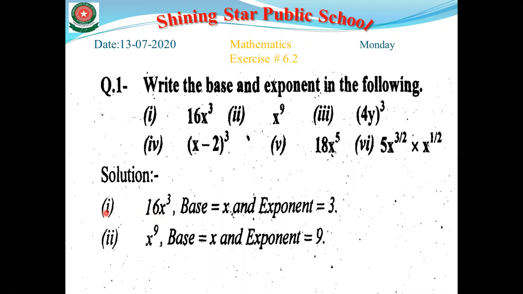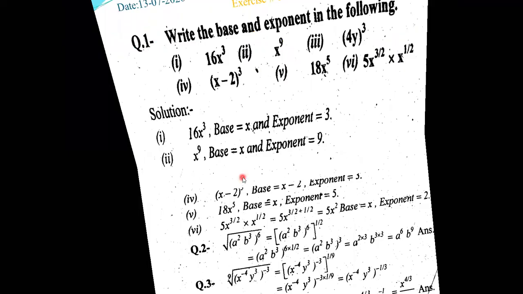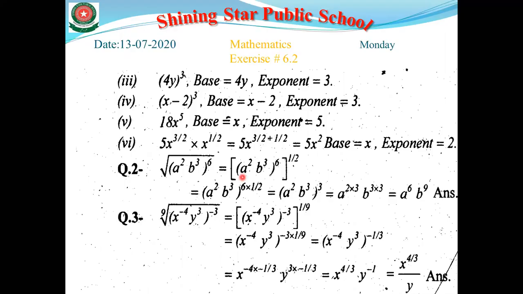Now according to this part, in part number 1, 16x cube, the base is x and the exponent is 3. In part number 2, x power 9, so base is x and exponent is 9. Now start part number 3, 4y whole cube.